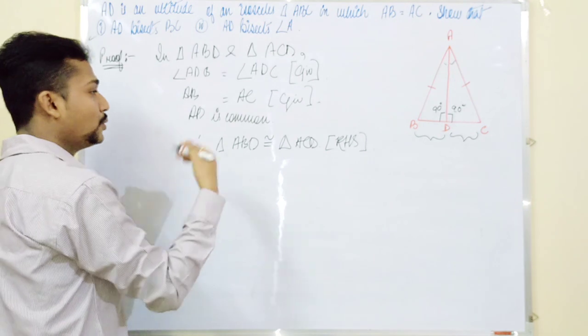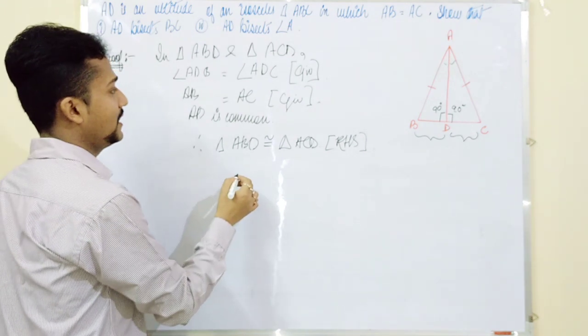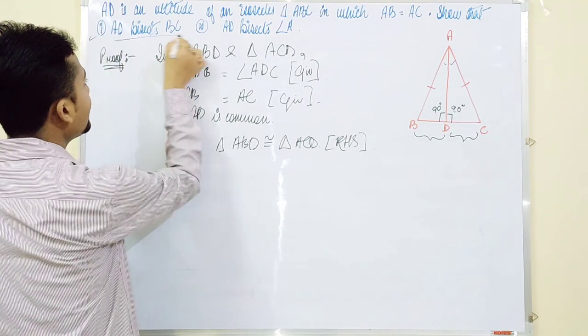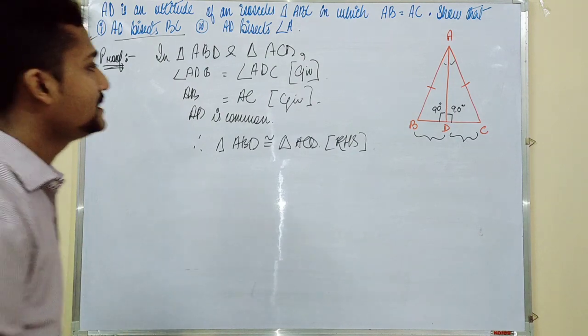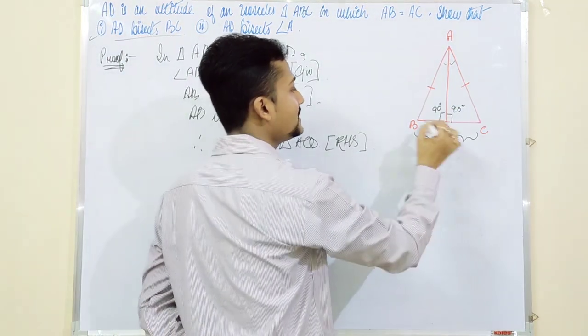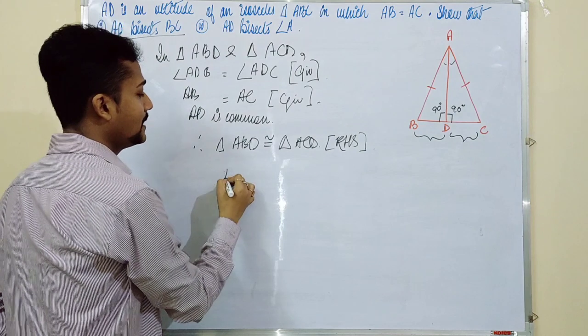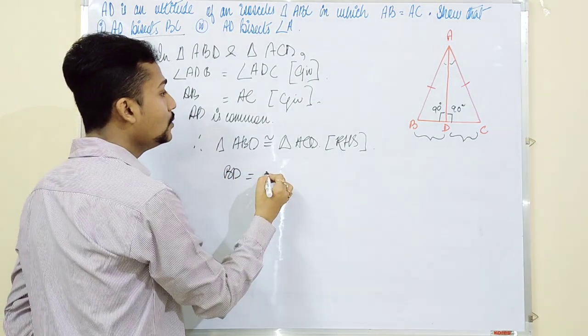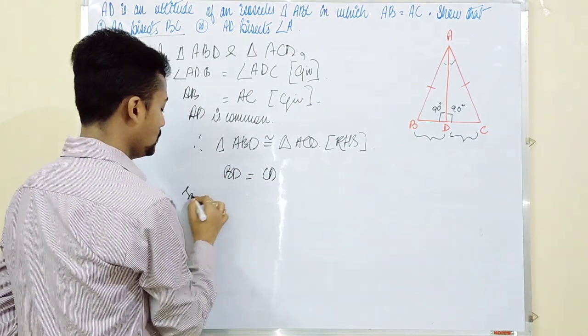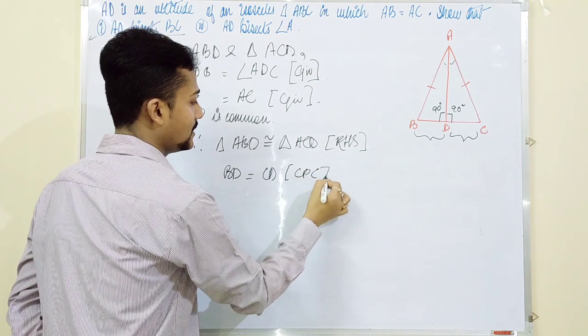So if both the triangles are congruent, then what can we say? We can say that AD bisects BC. That means we can say that BD is equal to CD, by CPCT.